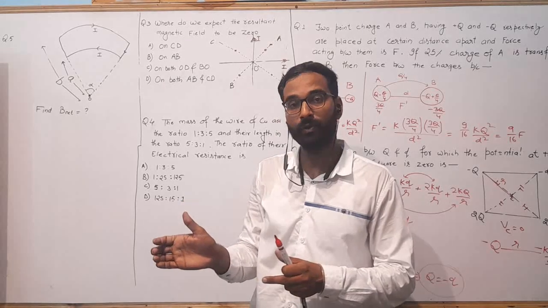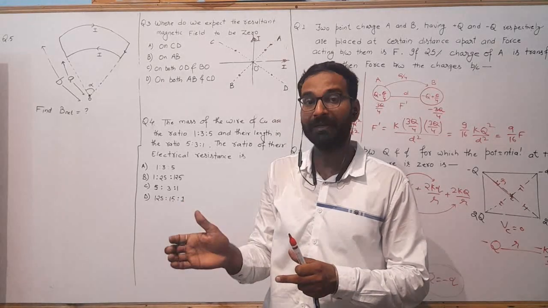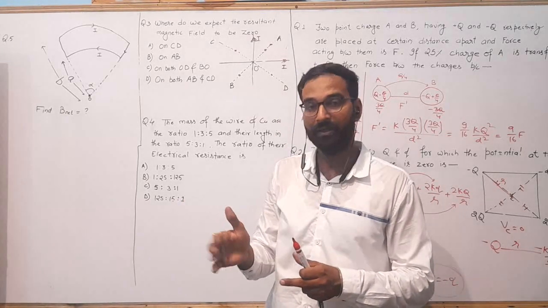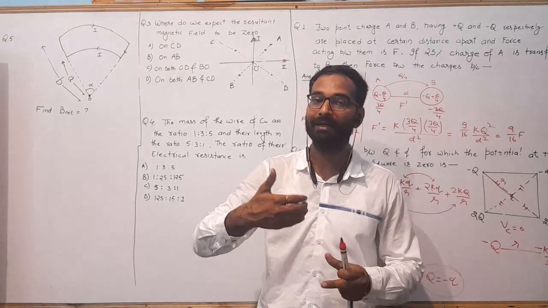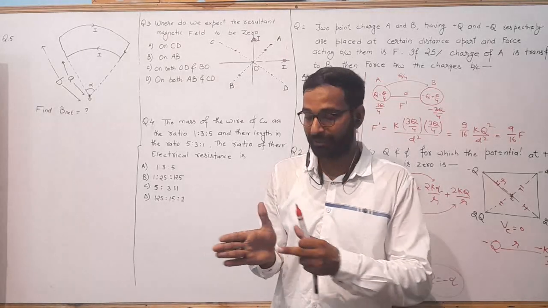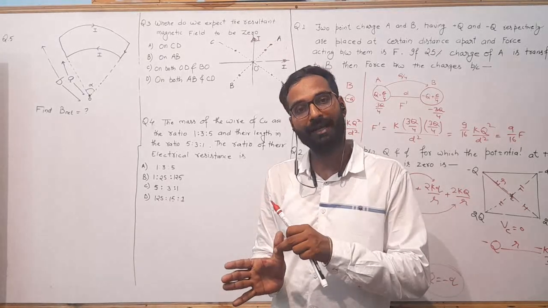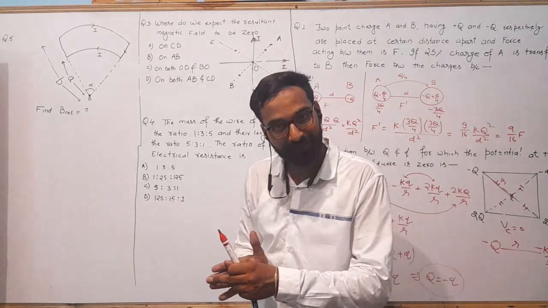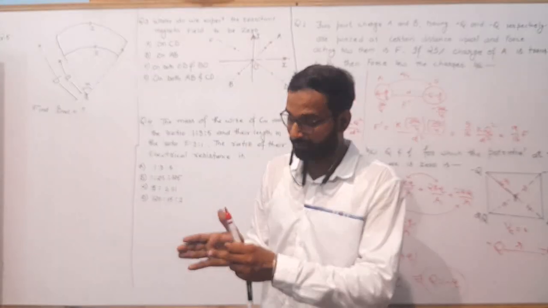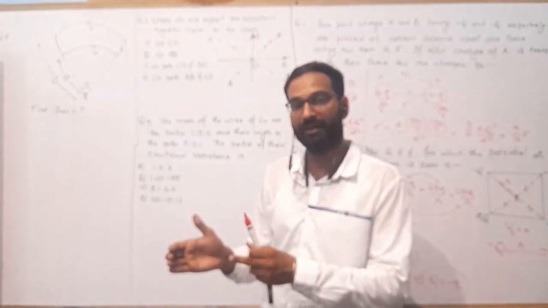If the finger is going in a downward direction, then the magnetic field direction is downward. If the finger is going upward, then the magnetic field direction is upward. So that is how to decide.